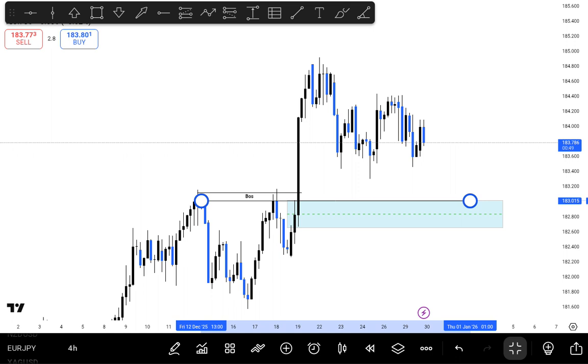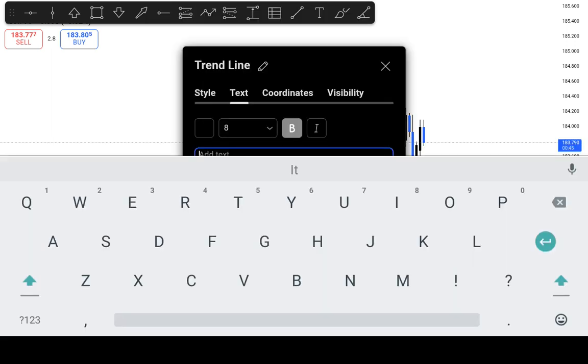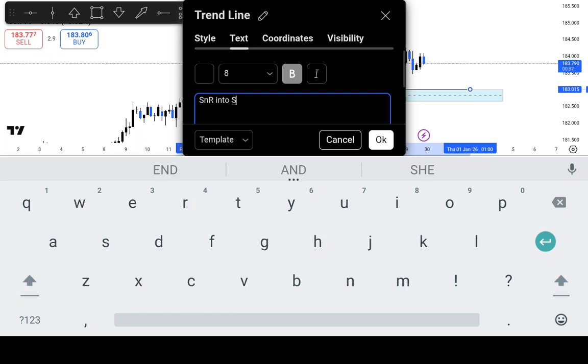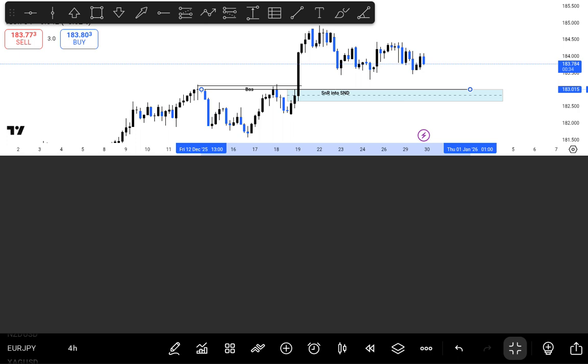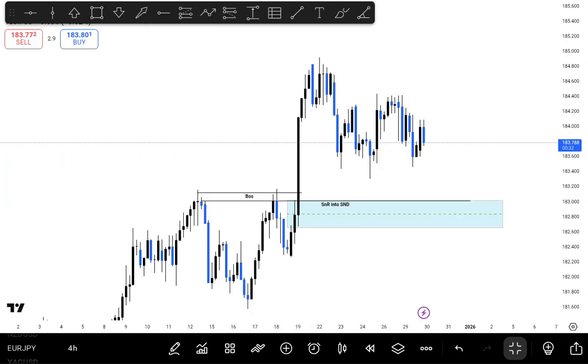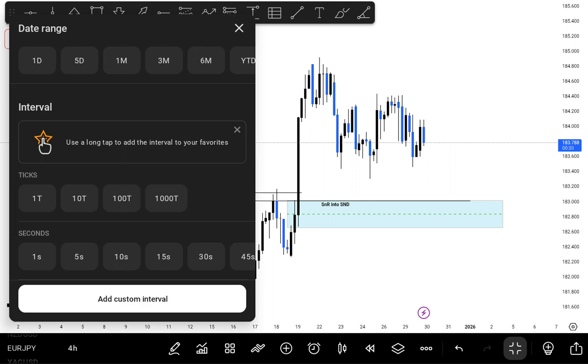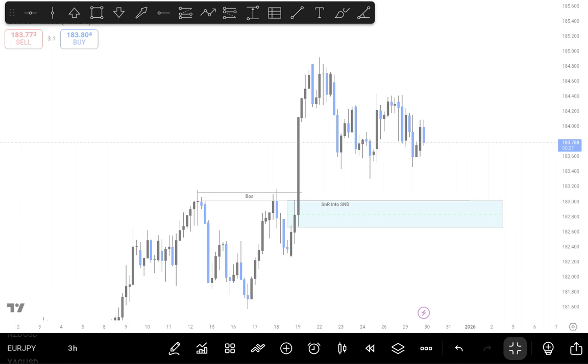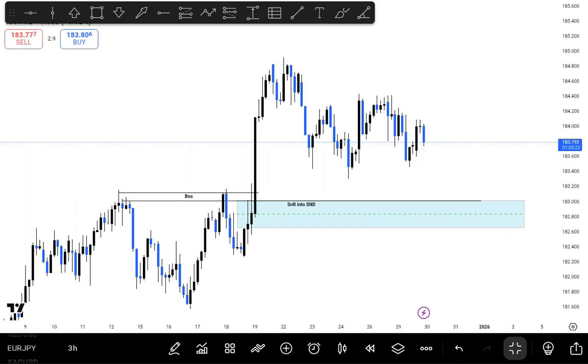And there's a very good support area right here. Exactly. So I've marked my zone. I'm going to go and try to refine it on the lower time frames and then see where exactly I'm going to buy from, set my TP, set my SL, and then prepare my account to put in my entries.